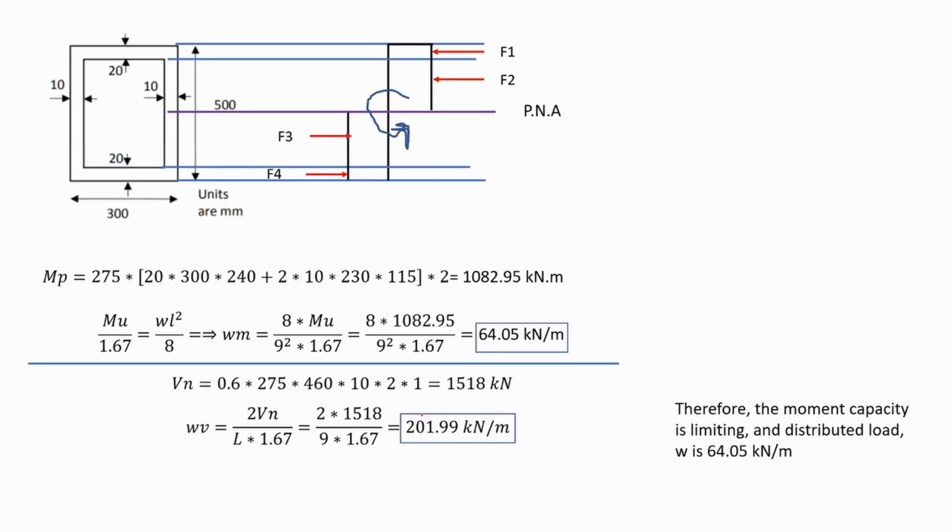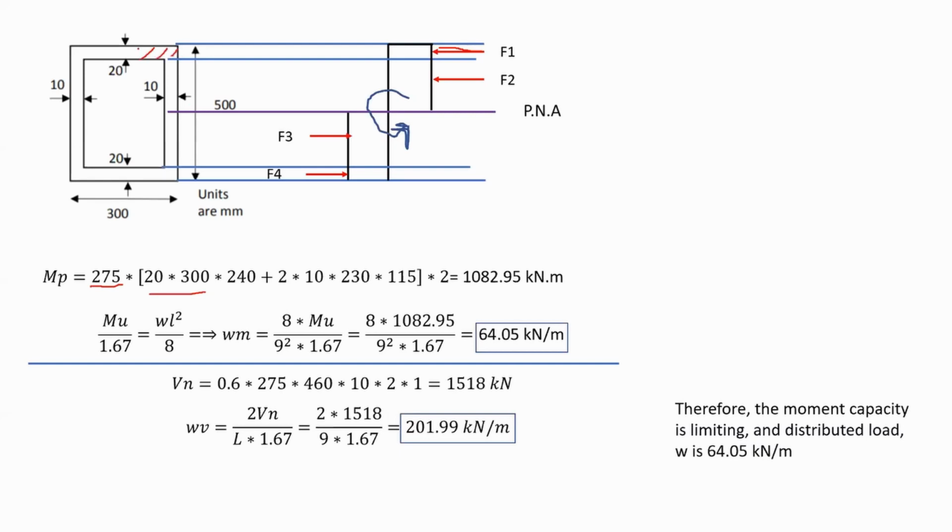Now, if I continue, in order to calculate Mp, the plastic moment capacity, I have to consider, as in the first questions, if you remember, we were calculating Mp manually. I have to consider again the forces from the stress diagram, F1, F2, F3, and F4. And since I'm given in the question all the required dimensions, basically you will multiply the stress by the areas.